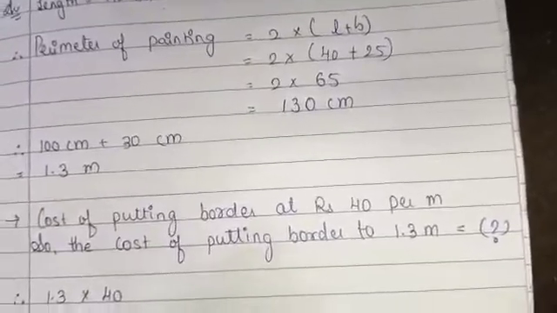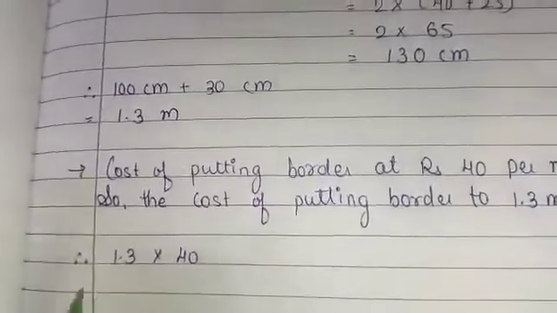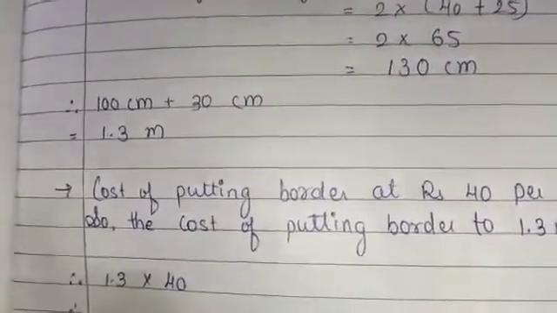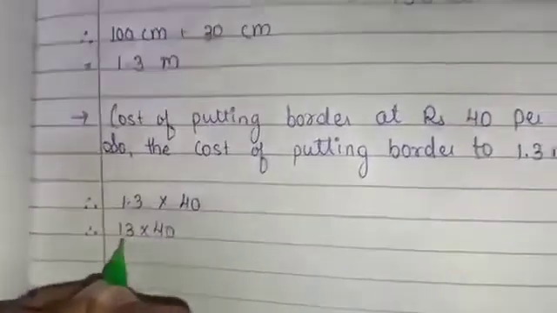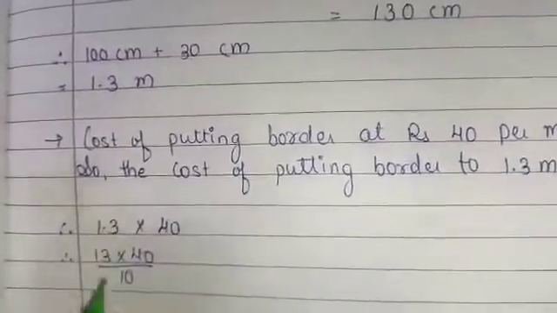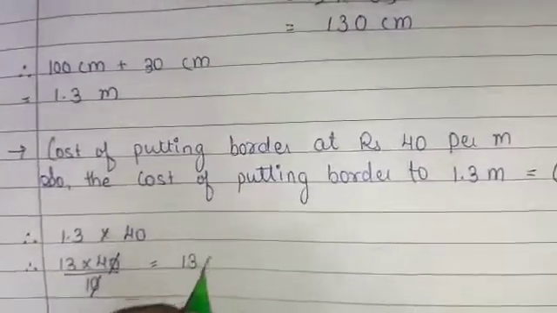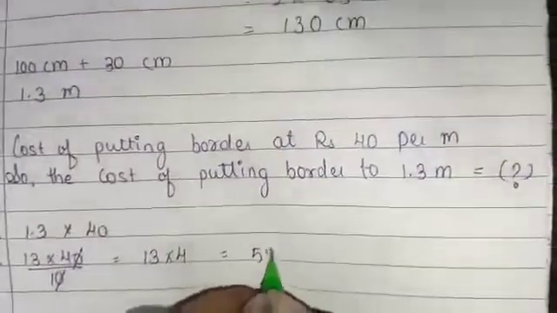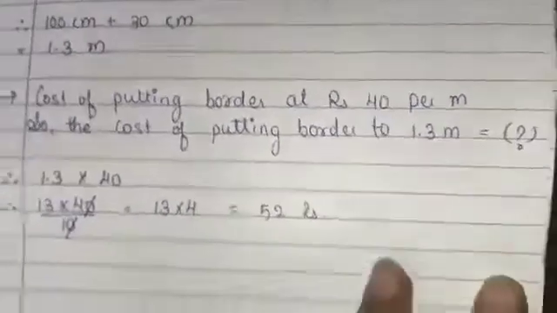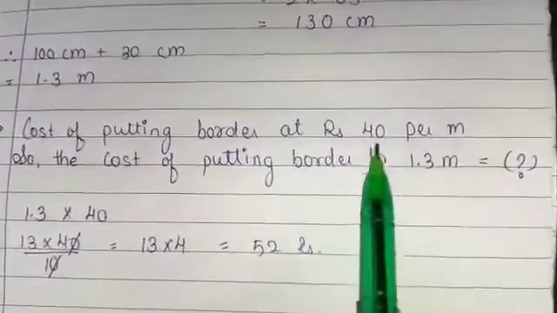Now here what should we do? We need to remove the decimal. So I will write 13 multiplied by 40 upon 10, because one decimal is there, so one 0 will come, and the 0s will cancel. Then we get 13 multiplied by 4. So 13 4s, it will be 52 rupees. So we can understand that if you are doing 1 meter, then you have to pay 40 rupees.